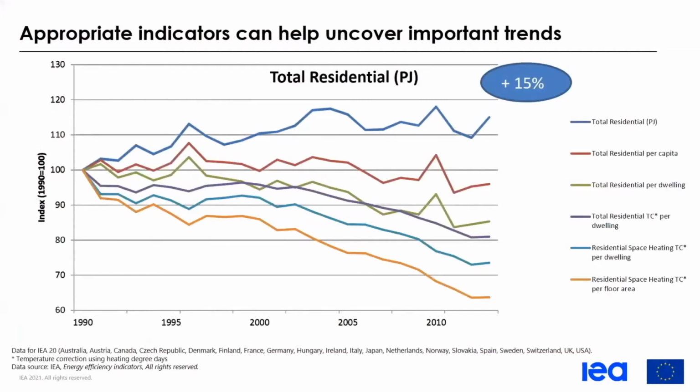However, we can see that the consumption per capita, the red line, is at more or less the same level at the end of the period. If we go to the more detailed data indicators, for example, the consumption of energy for space heating divided by occupied dwellings or by floor area, we can see a dramatic reduction over the analyzed period.